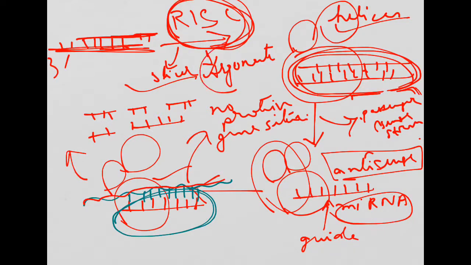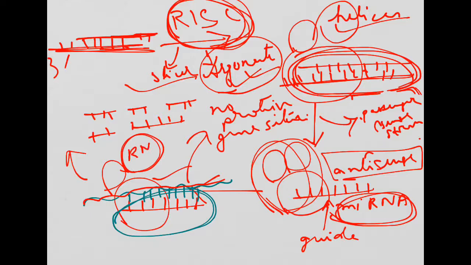Then there is a protein family called Argonaute protein family that helps in recognizing the 3' protruding end of the miRNA duplex, and then the guide strand of the miRNA molecule will direct this RISC protein to bind to the target mRNA molecule, and then ultimately the RNAi activity of the RISC protein will cleave this mRNA molecule.